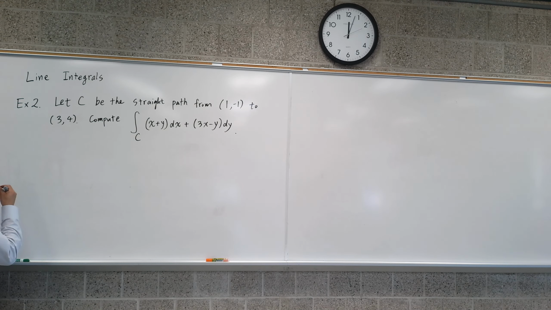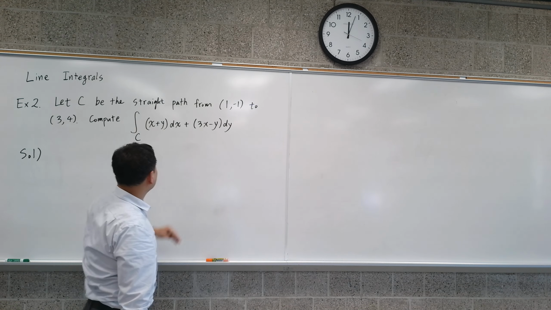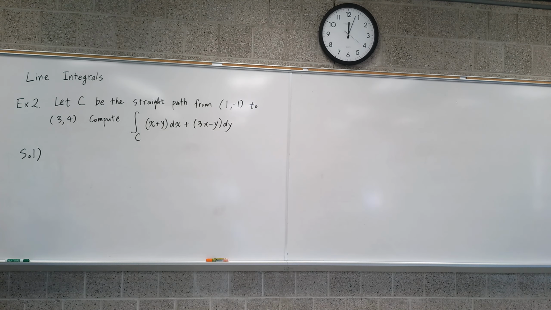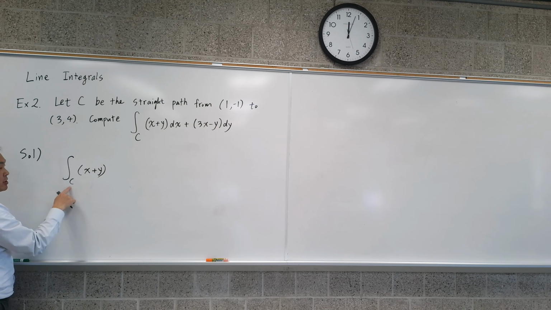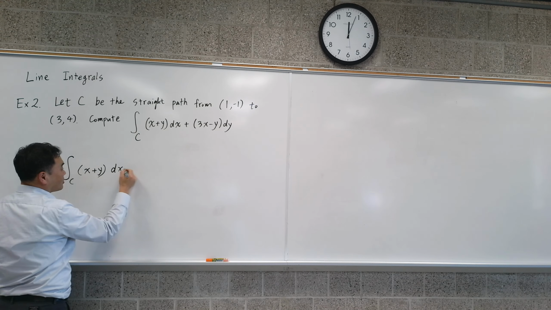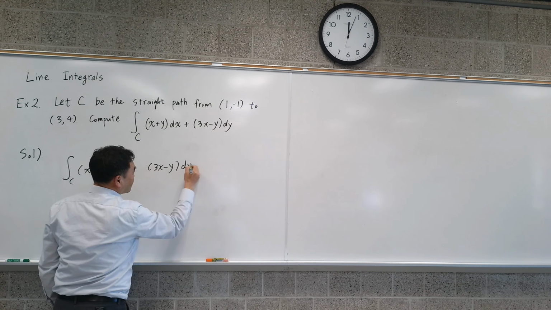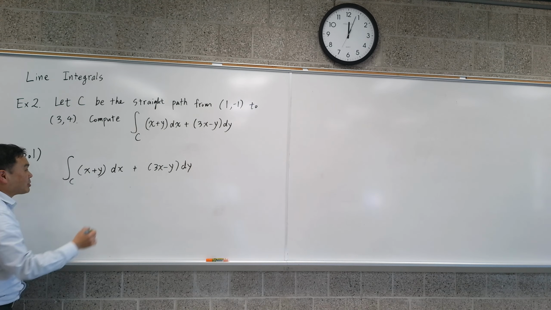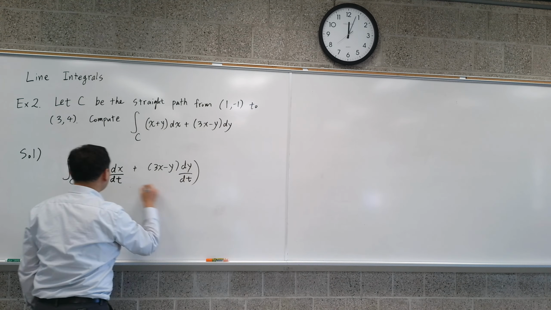For this second question, before I solve, I need to clarify this notation here. Well, you see, whatever that is, if you're integrating over a path, always the idea is divide by dt and multiply by dt.